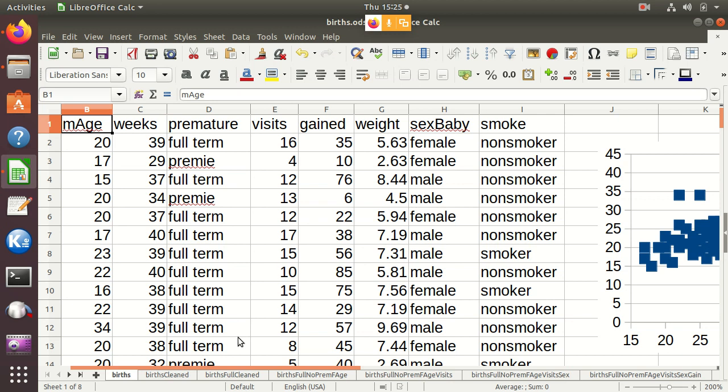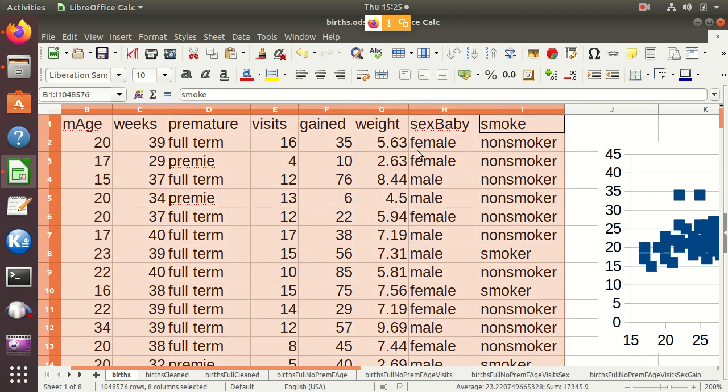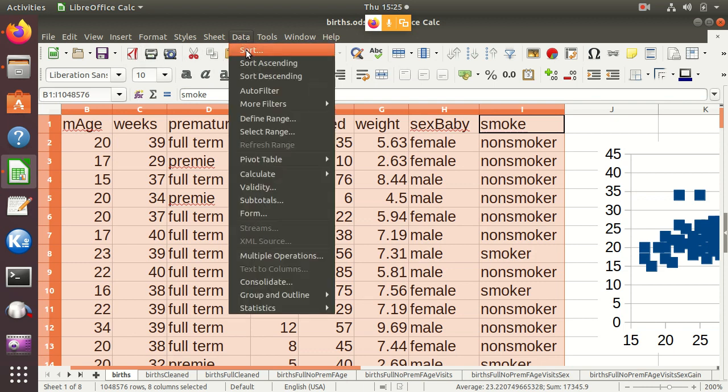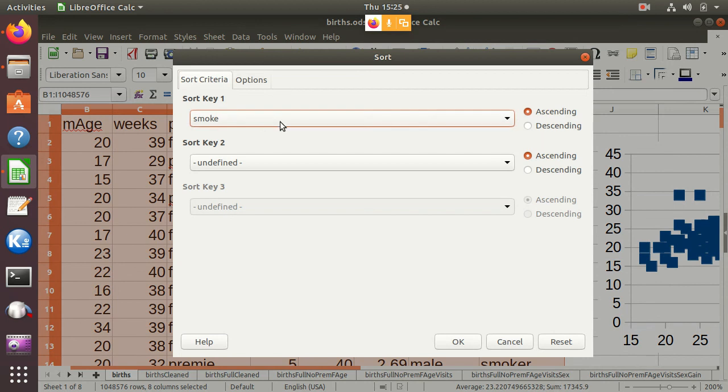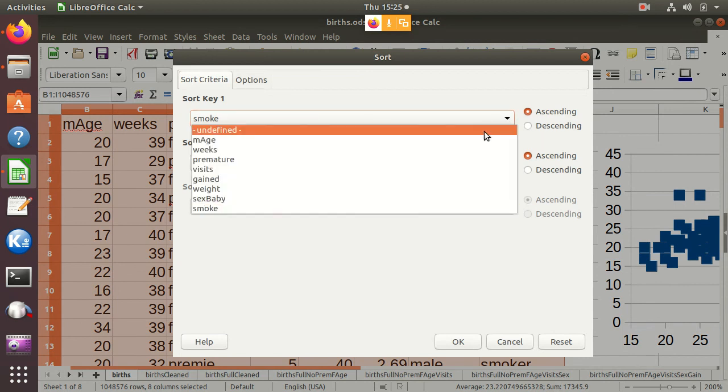But here, I only need 1 because I only have 2 levels or 2 categories within a categorical variable. And so I just make them 0, 1. And the way I did that was I just sorted them by that particular thing. So for instance, I went here and highlighted this. And so like the sex of the baby or gender of the baby, I said data, sort. And I could do it by smoking.